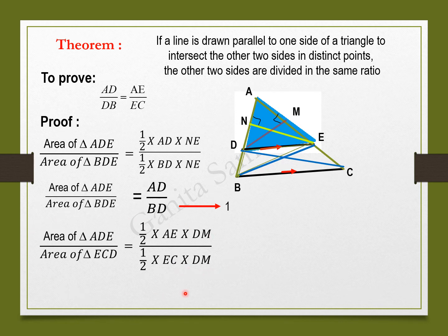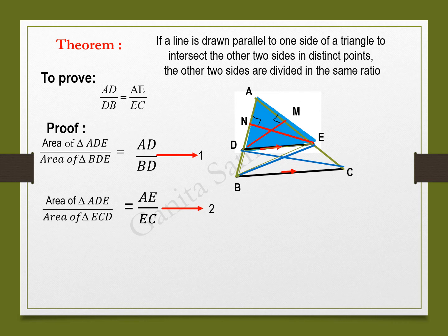I am sure you have got all this concept with your children. Okay, very easy. Just we are comparing the areas of these two triangles and we know what the area formula is from the lower classes. We have just written it, that's all. Again here half and half gets cancelled, DM and DM gets cancelled. We are left out with area of ADE over area of ECD is equal to AE by EC. Let us call this as statement 2.